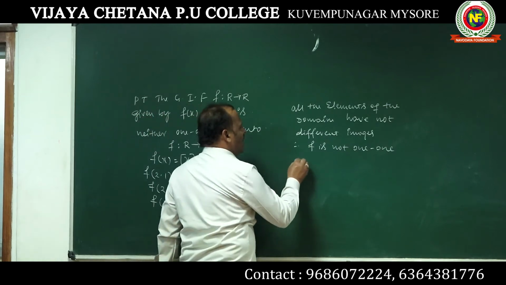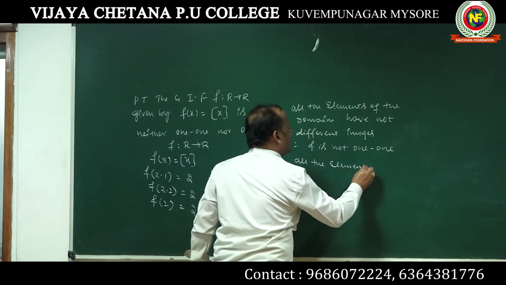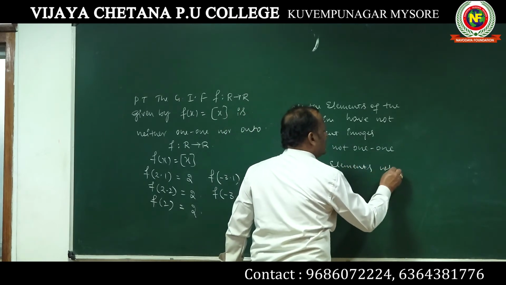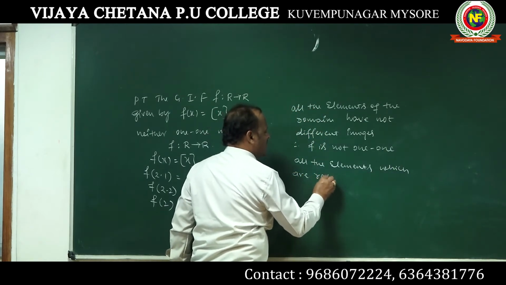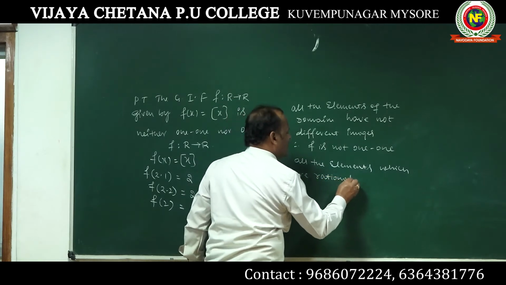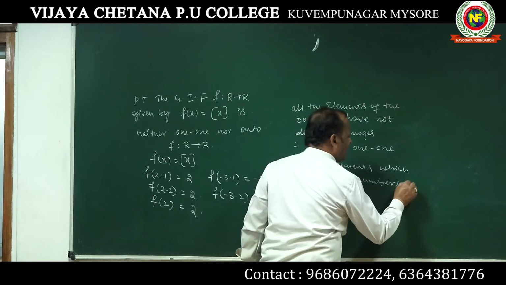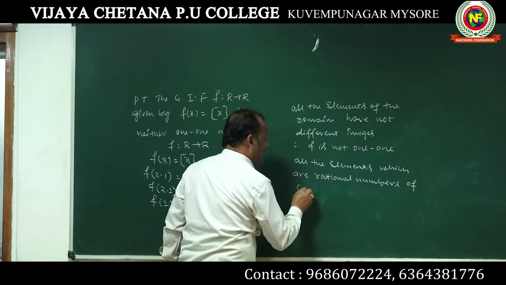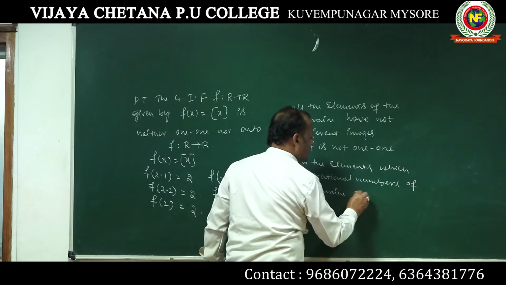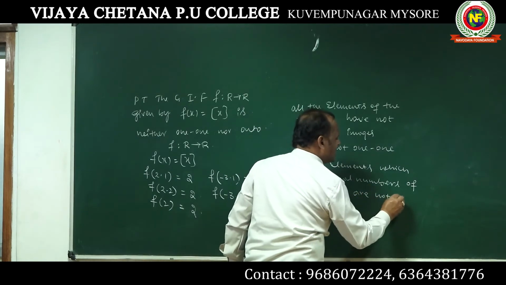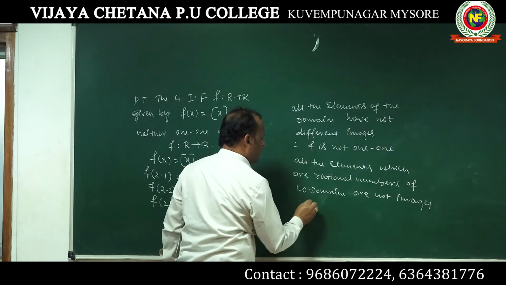And all the elements of the codomain which are rational numbers are not images. Therefore, f is not onto.